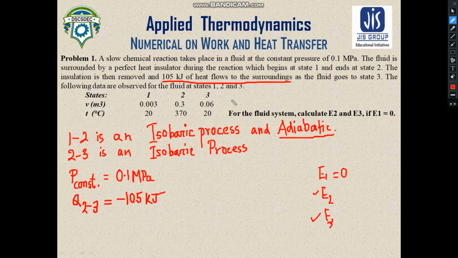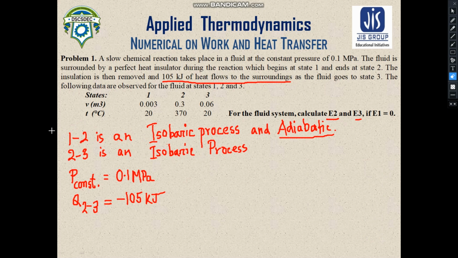That means heat is being lost from the system, so there is a minus sign provided here. Now your objective is to calculate this E1, E2 and E3. So we will be using the concept of the first law of thermodynamics.